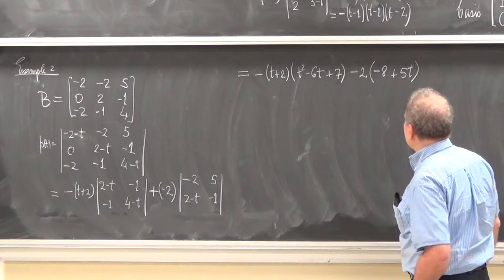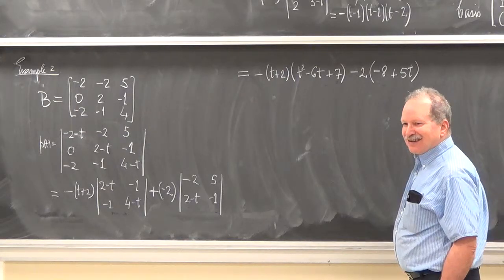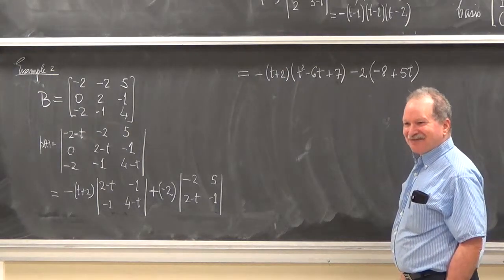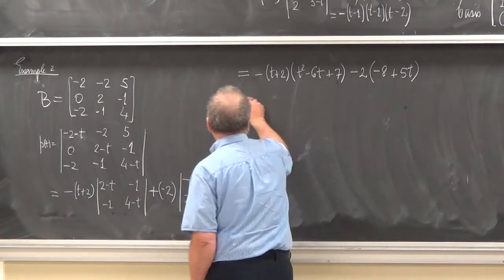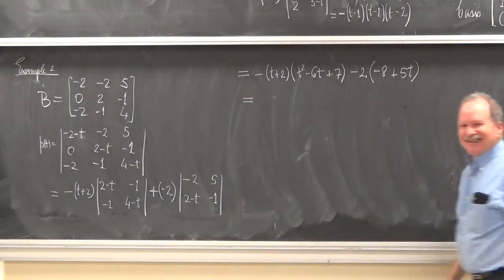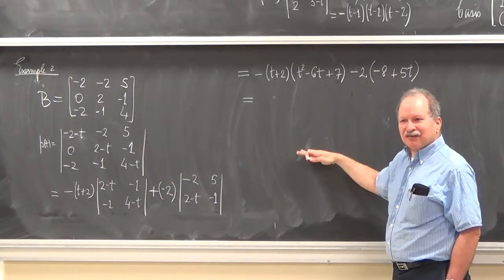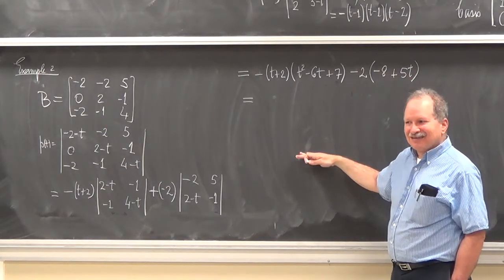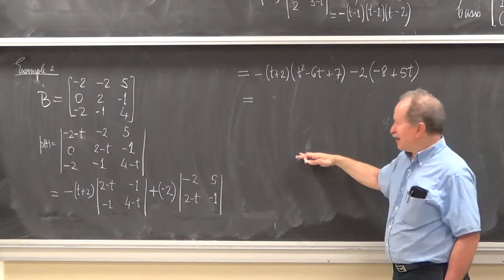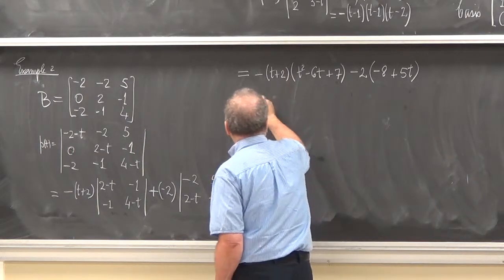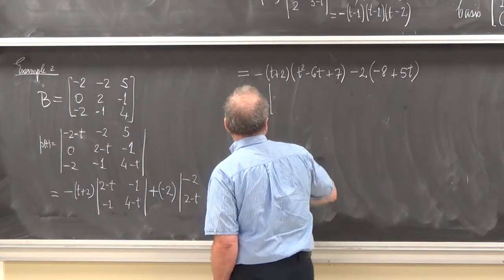So what do I got to do now? Rational roots thing? Multiply it out. I gotta multiply it out. Brute force, let's do it. I've gotta multiply it out, simplify, and then see if I can factor what's left. All right, I'll do the second. Thanks. So negative, what have I got?